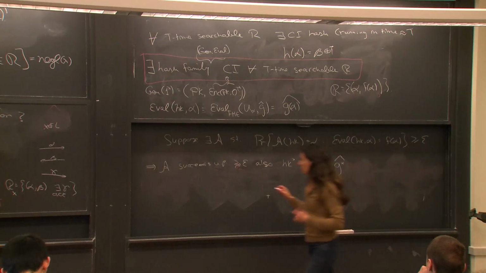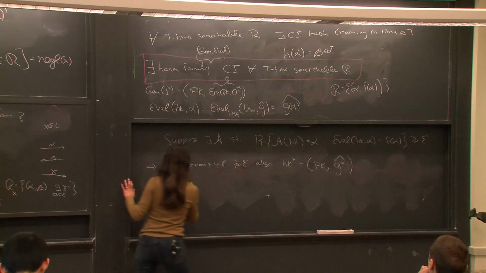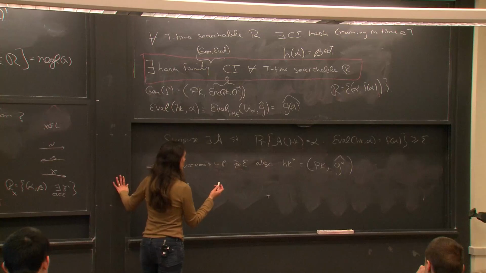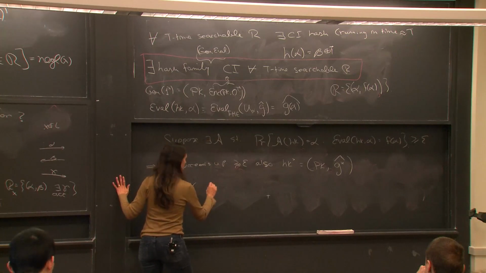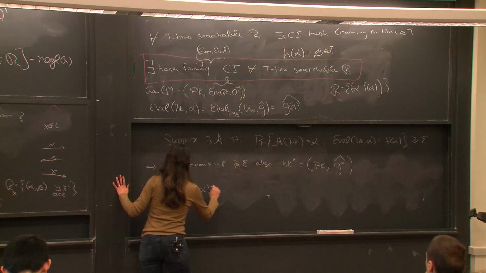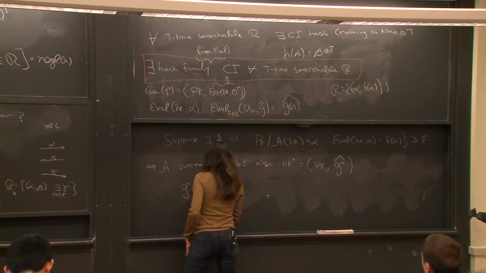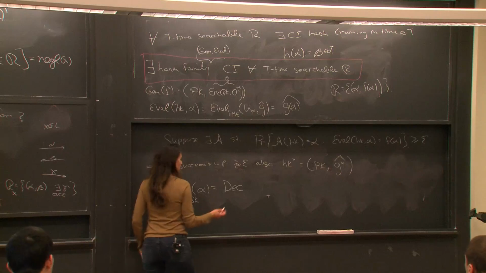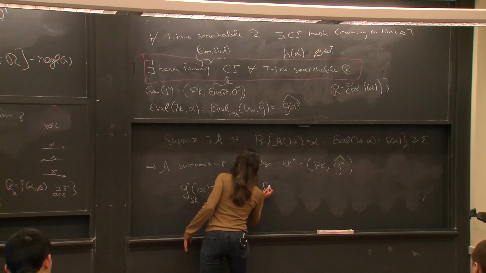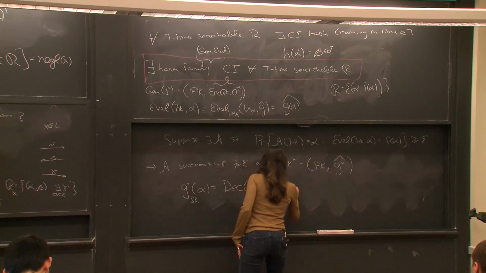What is G star? On input alpha, it outputs a decryption. I know, weird. It has the secret key hardwired in it, and it outputs the decryption of the bad function of alpha, XOR with 1.